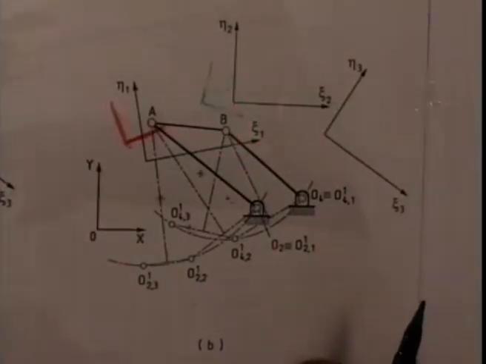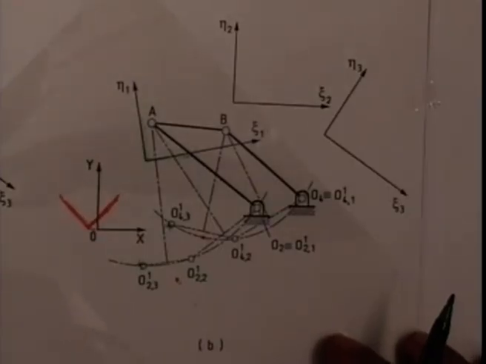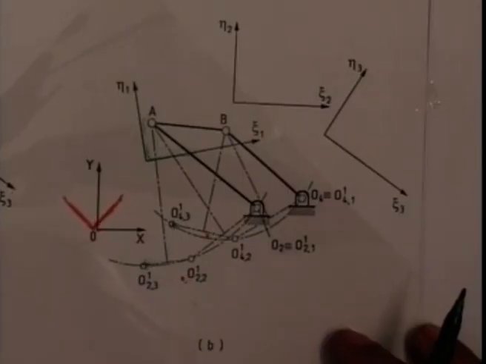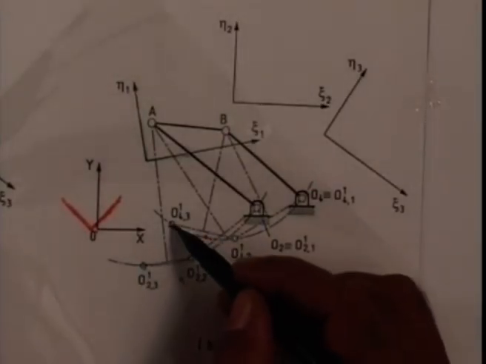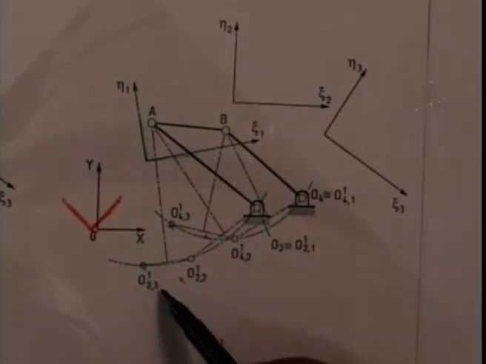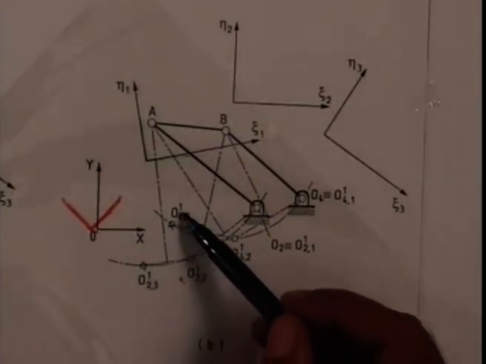So I move this and make eta zeta coincide with eta 1 zeta 1. And as we see, O2 moves here, the O4 moves there. So this position I call O2^3_1 and this position I call O4^3_1.